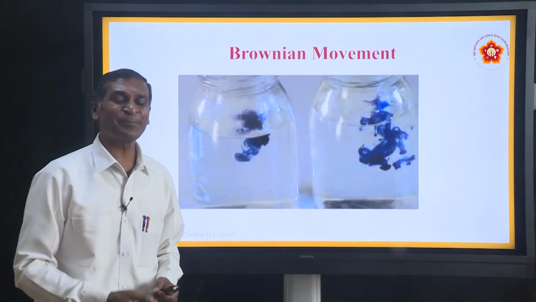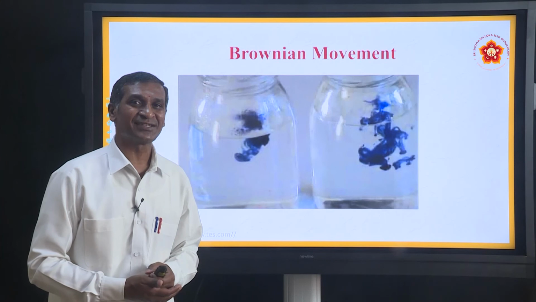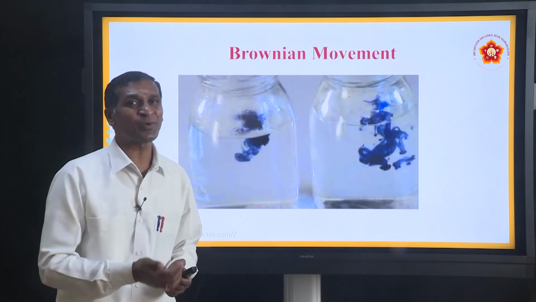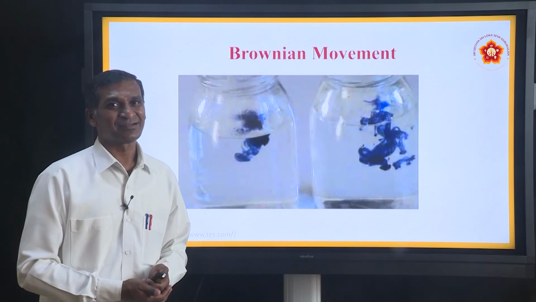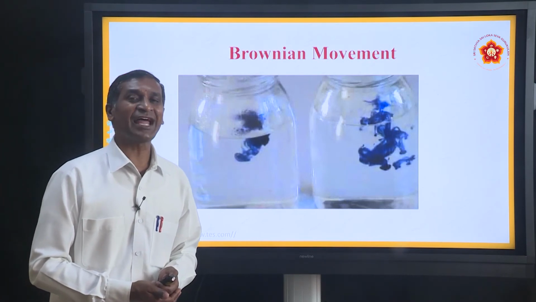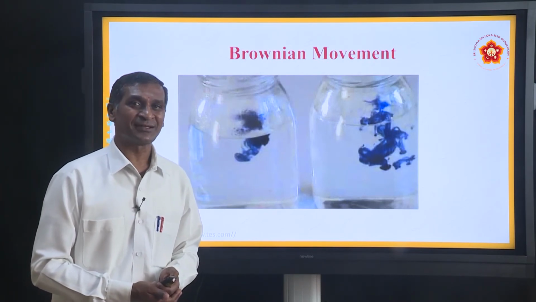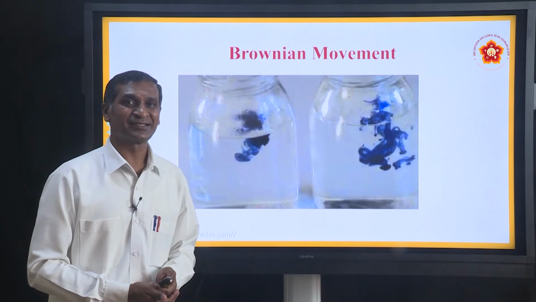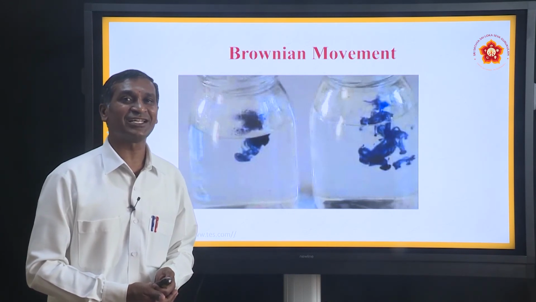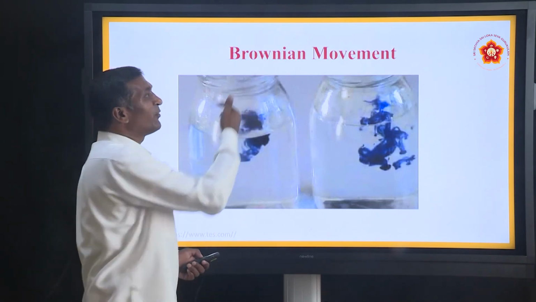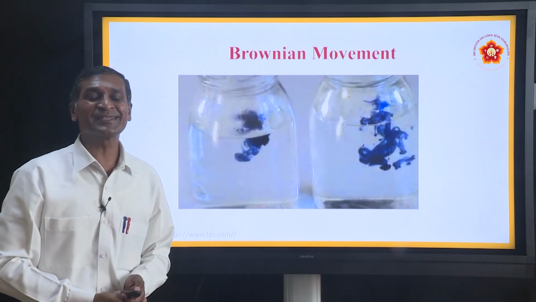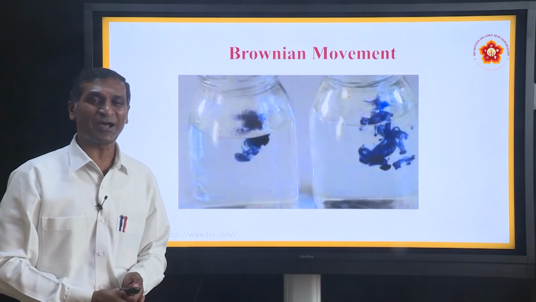The most unique properties of these colloids which we understood: the first one was the Tyndall effect, the scattering of a beam of light by the colloid particles since the particles were highly charged. The second property, the Brownian movement, the zigzag movement of the colloid particles.